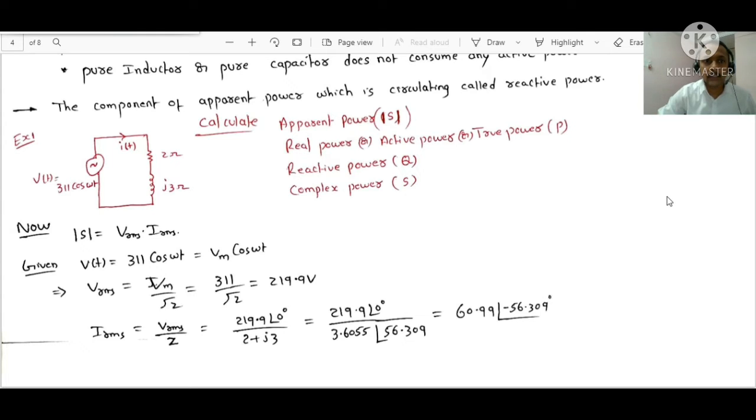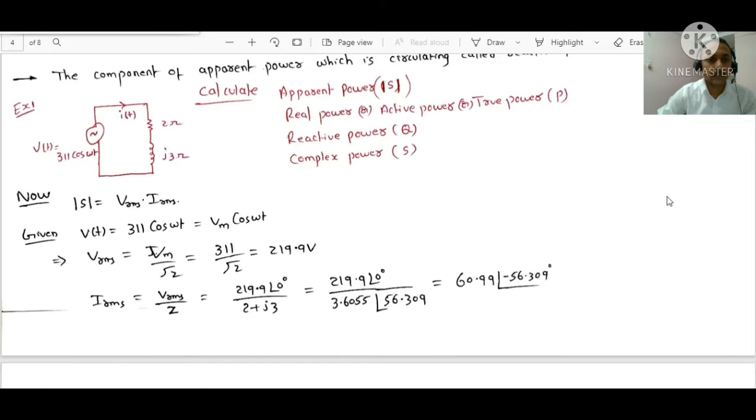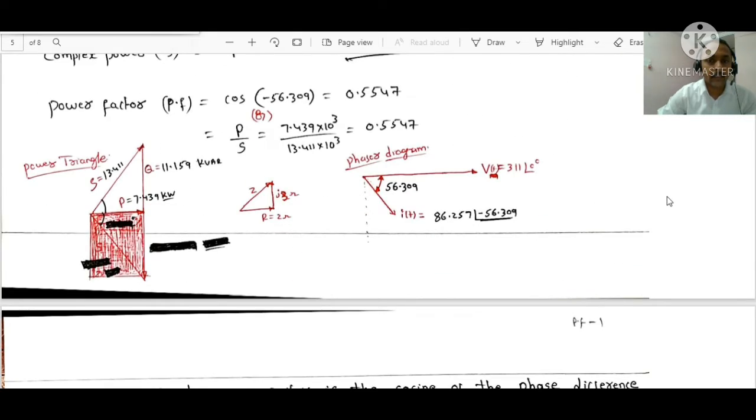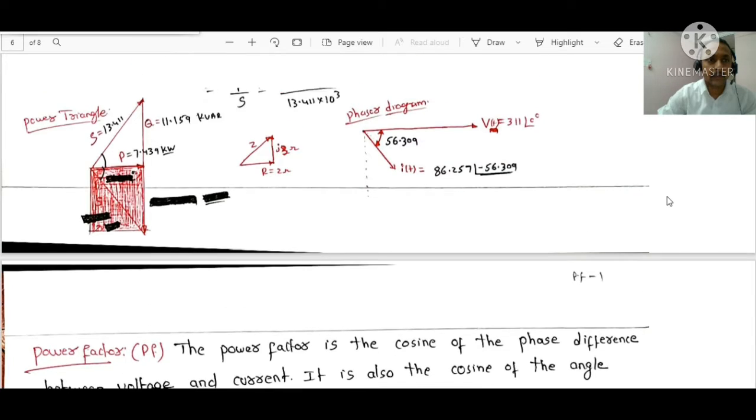For the same given simple problem, we will calculate all these powers, and also draw the phasor diagram for the obtained result.